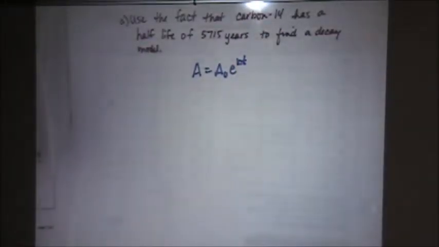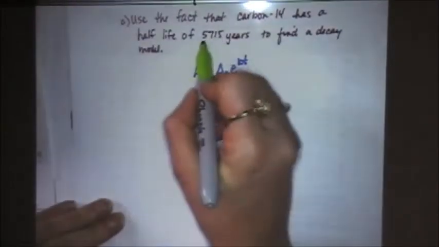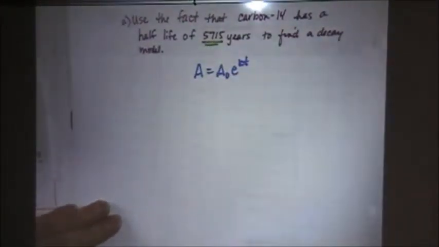Now, remember, A stands for the new amount, O stands for the original amount, e is on our calculator, that's a value we've been given. K is our constant that is either for growth or decay, in this case it'll be decay, and t is time. In this situation, they have not given me enough information, because all I have is time.